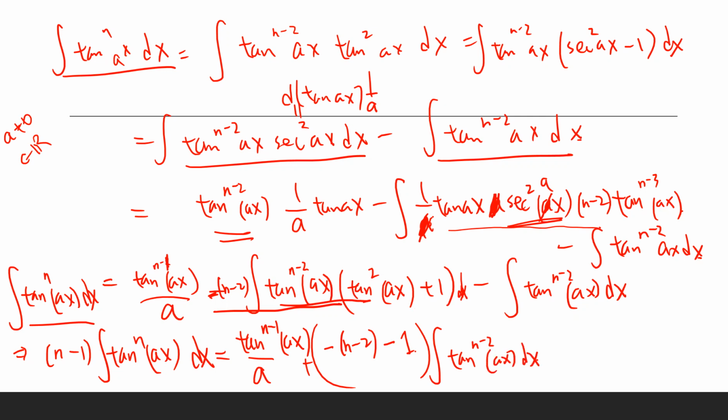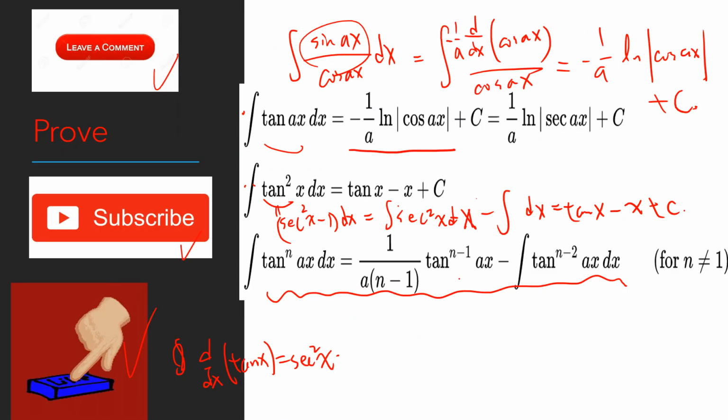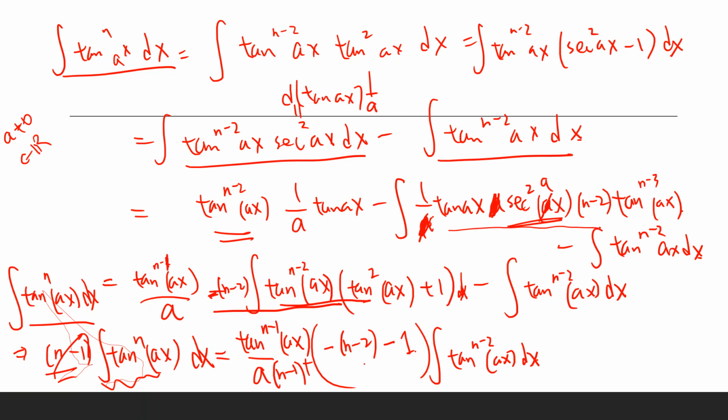With this dx. Okay, and then we divide by n minus 1 from both sides, so we get this. So somehow we recover the first term, 1 over a times n minus 1 tangent ax, and then this is minus n plus 2 minus 1. So this is just minus n plus 1.